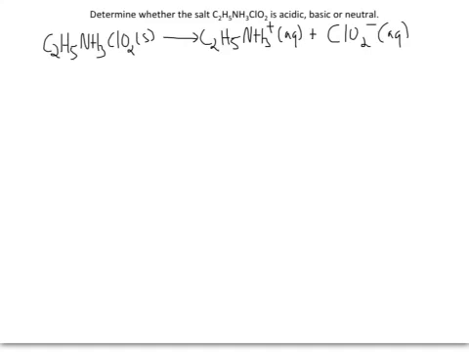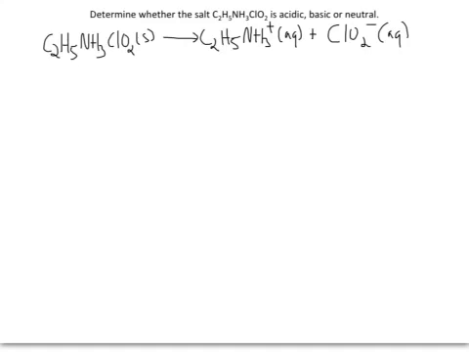Okay, so one thing that we'll see pretty common in these examples is salts containing cations with nitrogen and hydrogens. These are amines, and so this is similar to the ammonia compound. And so as a cation, it can potentially be acidic.